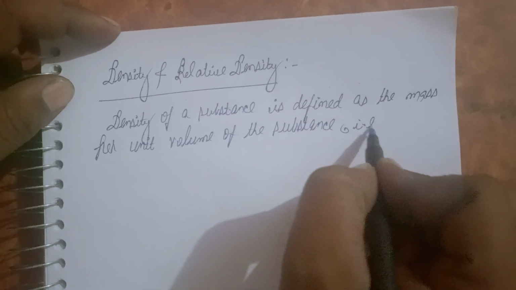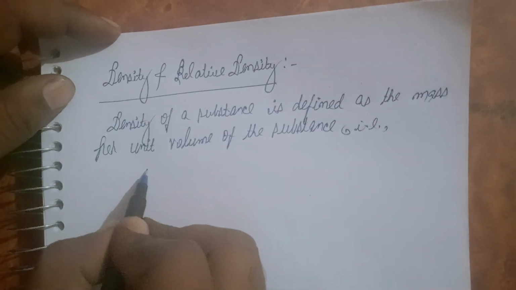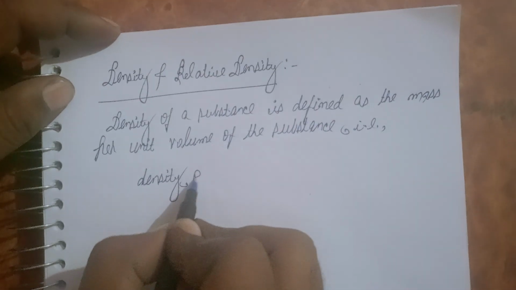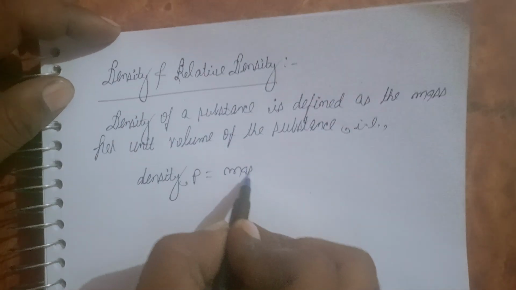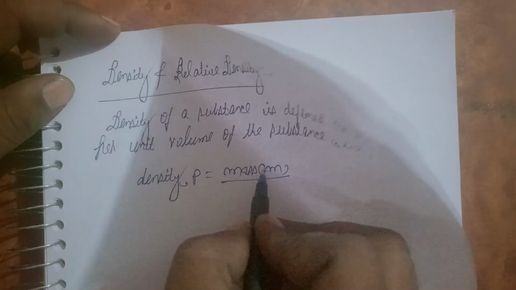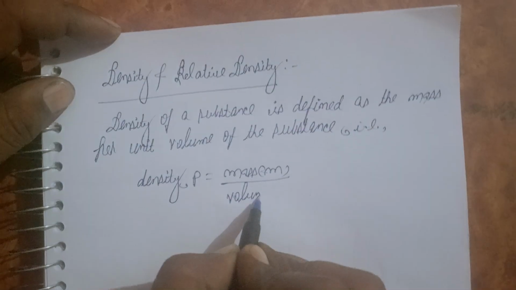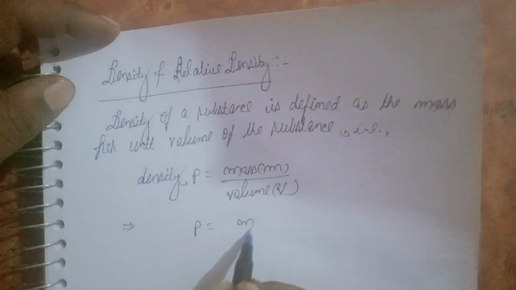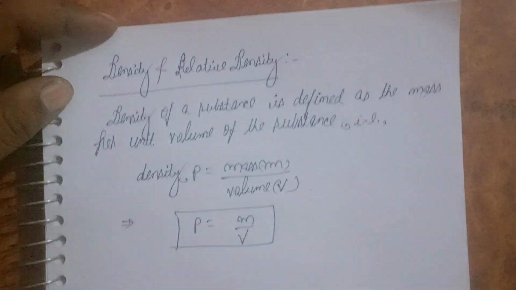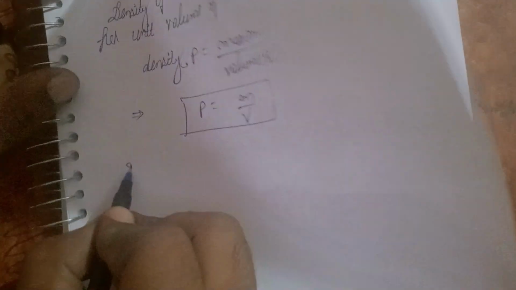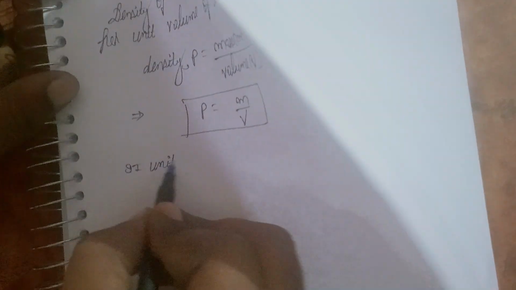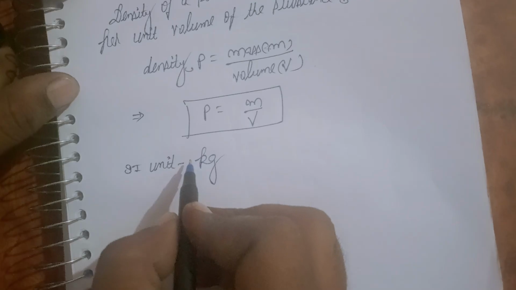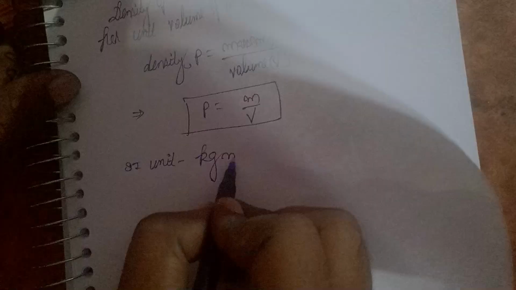Formula: density rho equal to mass m upon volume V. Rho is equal to m upon V. SI unit: kilogram meter inverse 3.